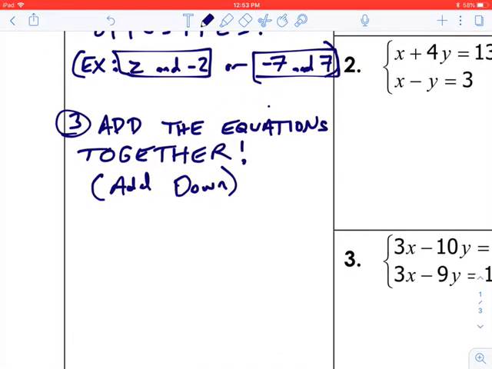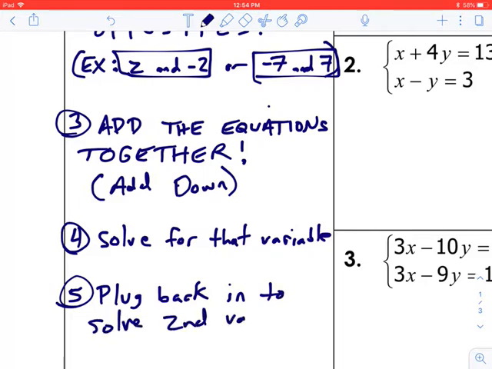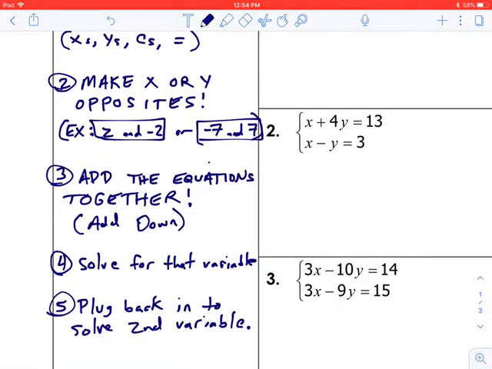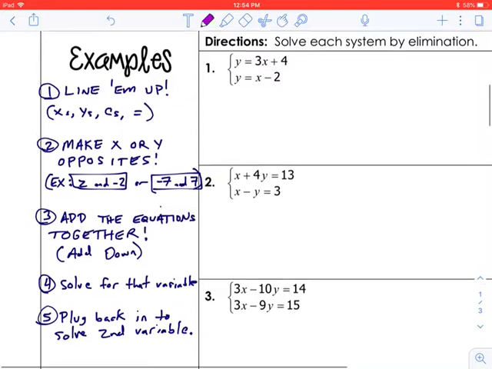Okay, and so solve for that variable that remains, and then we're going to plug it back in to solve for the second variable. Now this seems like more steps than the other one, but I promise once we see an example or 2 or 3 or 4, we'll kind of see that this is a pretty nice way to go.